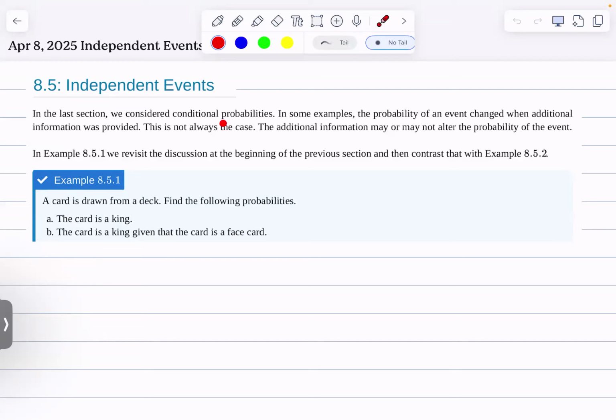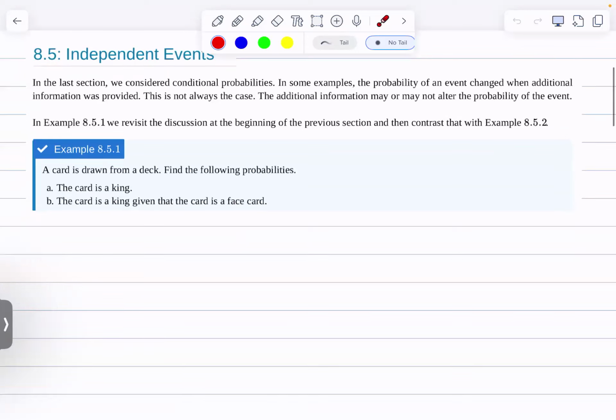In the last section, we considered conditional probabilities. In some examples, the probability of an event changed when additional information was provided, right? So then it's conditional or dependent on information, and that's not always the case. And so the additional information may or may not alter the probability of the event.